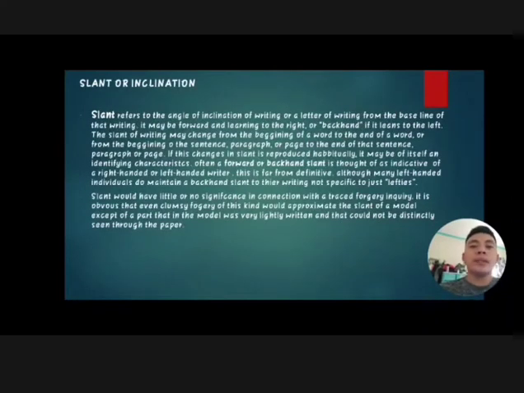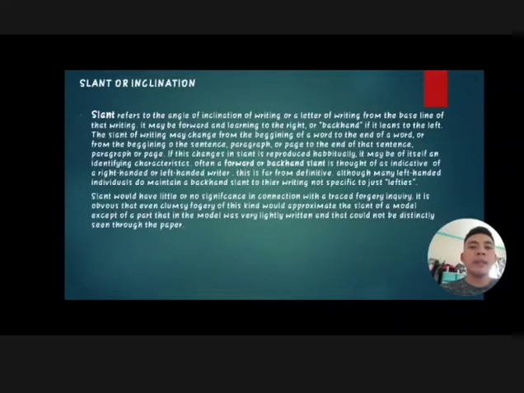Slant or inclination. Slant refers to the angle of inclination of writing or a letter of writing from the baseline of the writing. It may be forward, leaning to the right, or back, if it leans to the left.